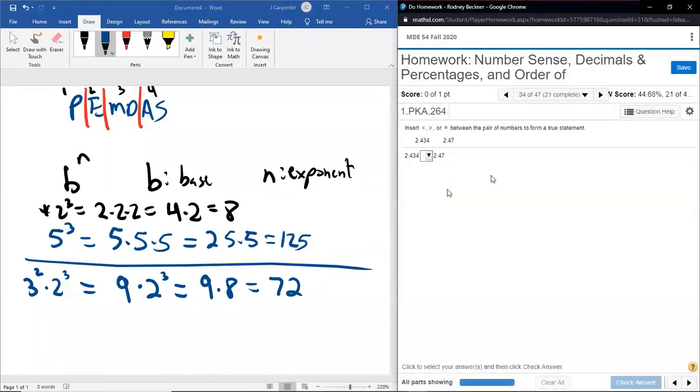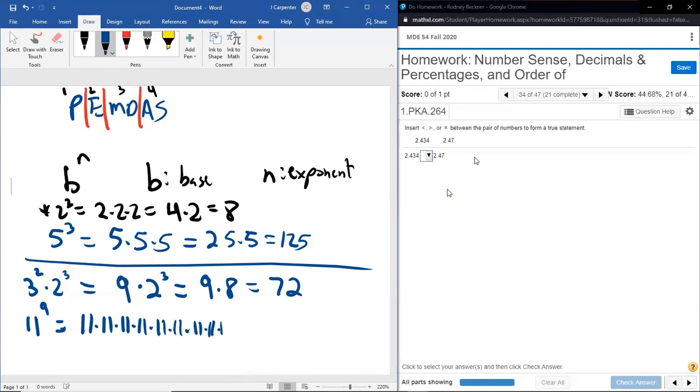Exponents are a way of multiplying something over and over and over and over and over. It's a great notation, especially if you had something like, I don't know, 11 to the 9th. It would be much better to write that as 11 to the 9th power instead of 11 times 11 times 11, and so on.